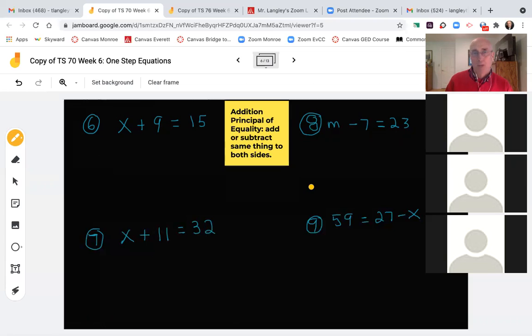And once you get it by itself, and everything else is on the other side, you've pretty much solved for x. So that's the rule: in order to solve these one-step equations, we're trying to get x by itself. That's rule number 1. If you wanted to add that to your notes, get x by itself.